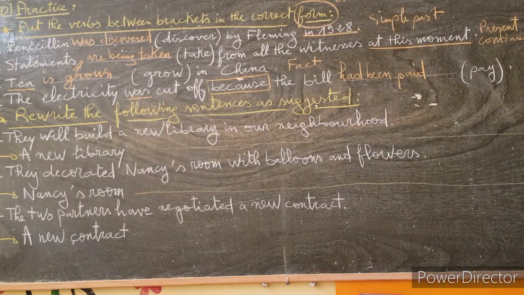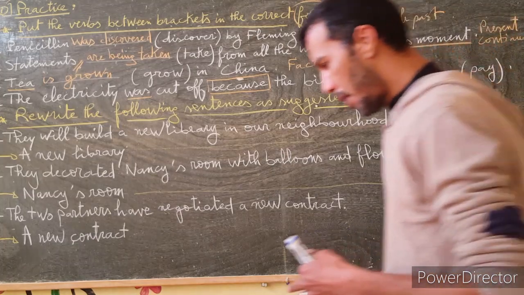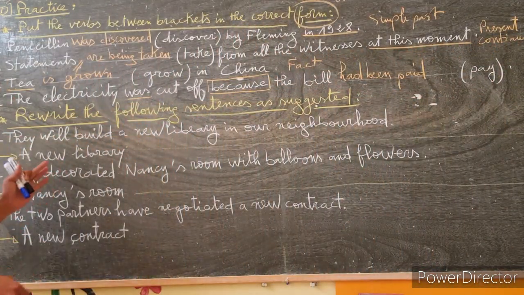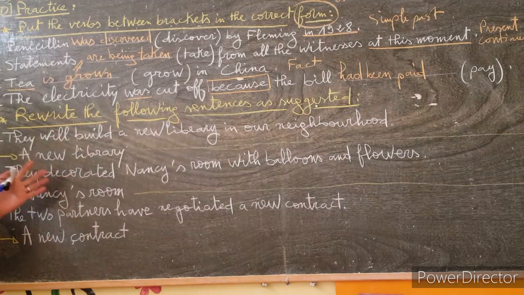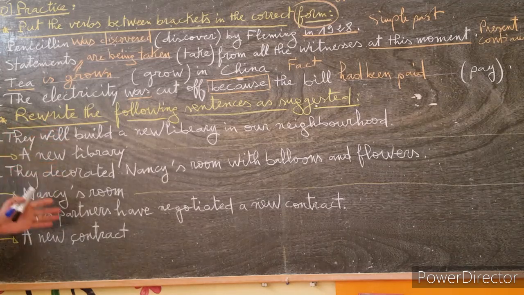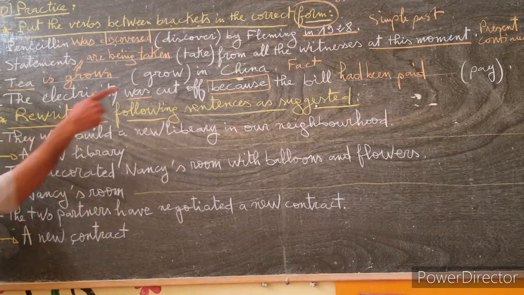Here we are done with the first type of exercises. Let's move to the second one. And we, most of the time, have examples like that in national exams. And by the way, these examples are already taken from national exams. So, rewrite the following sentences as suggested. So, what do we mean by suggested?